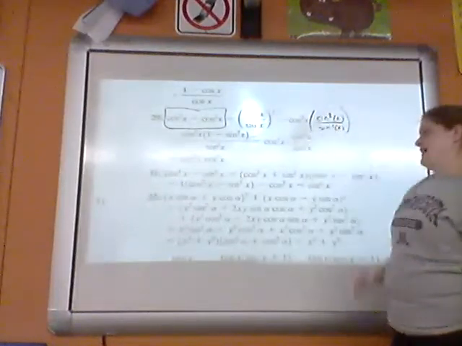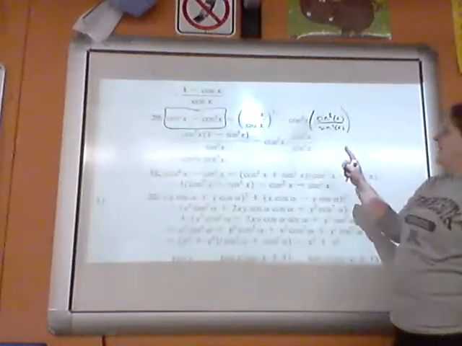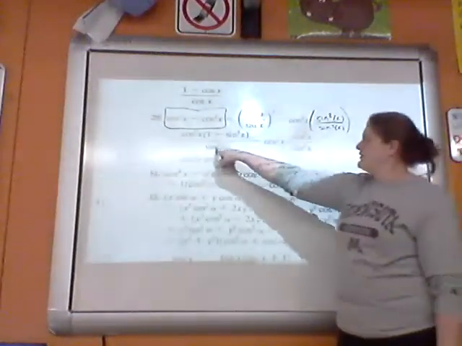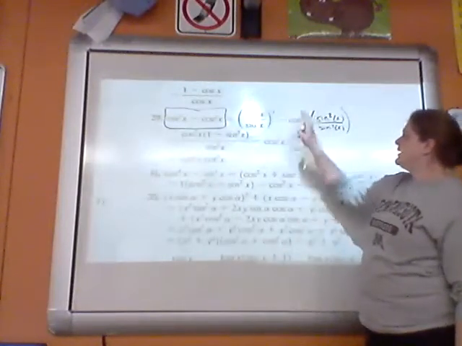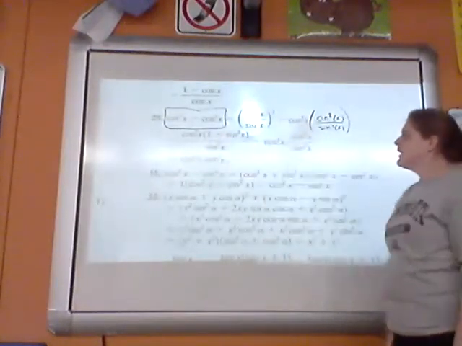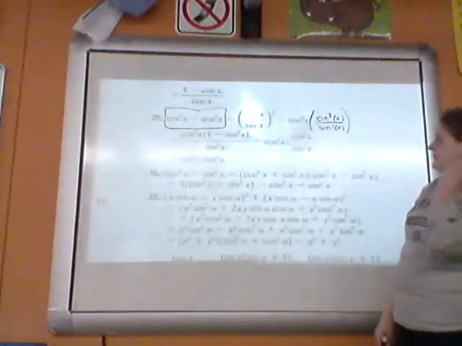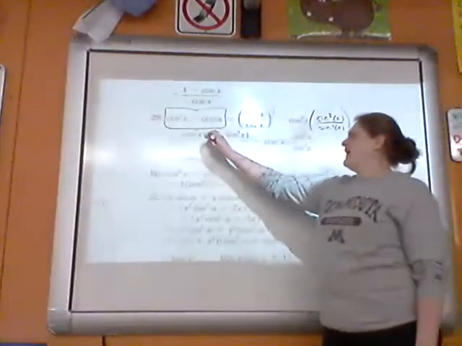And then in that same process, because you couldn't do it in one step, they also took out the cosine squared of the numerator. So cosine squared from here left a 1, cosine squared from here left a sine squared. 1 minus sine squared is cosine squared from your Pythagorean identity.